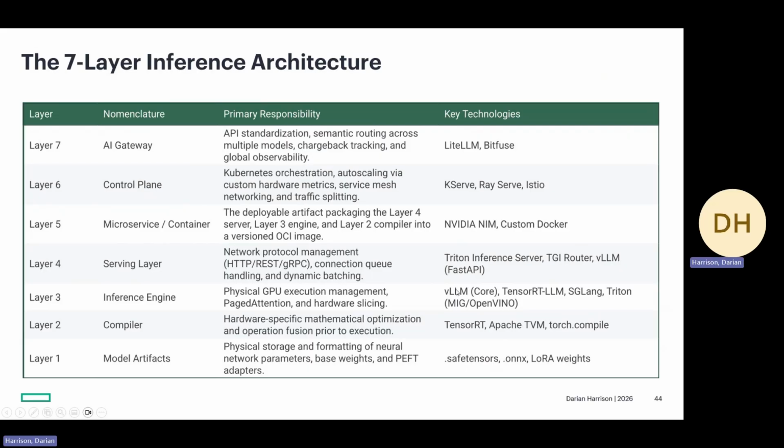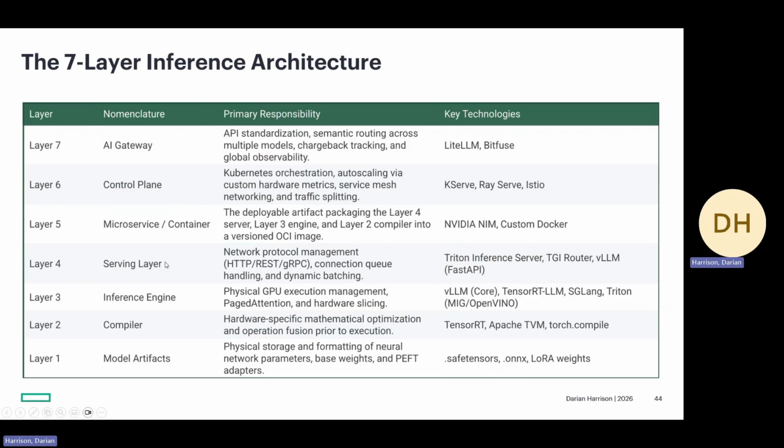It has the paged attention mechanism for efficient key-value cache. Another common one is TensorRT-LLM, SGLang, Triton, and OpenVINO. These are things you'll see here. This mostly has to do with scheduling resources on the actual physical GPUs, so to speak.